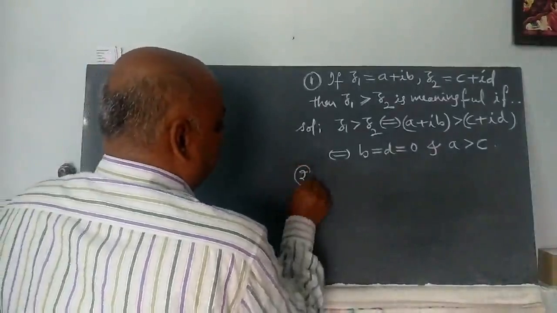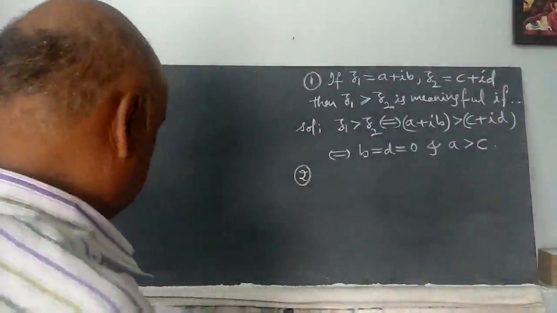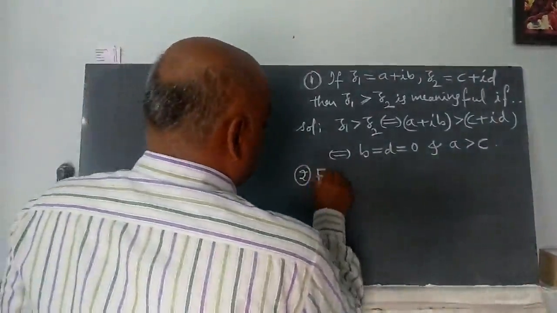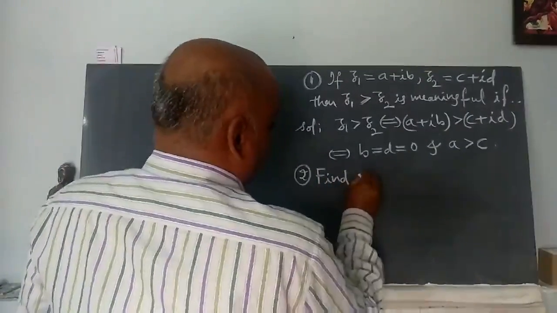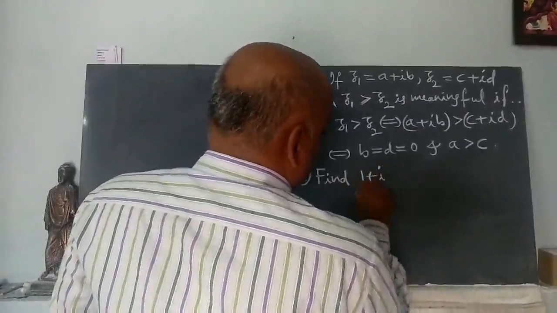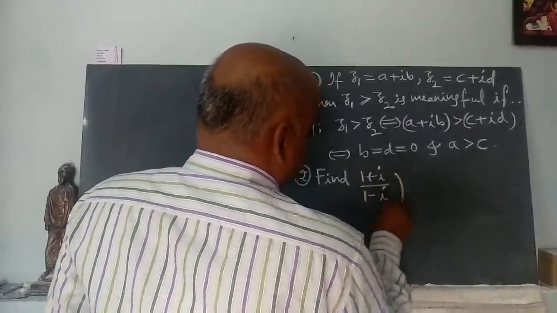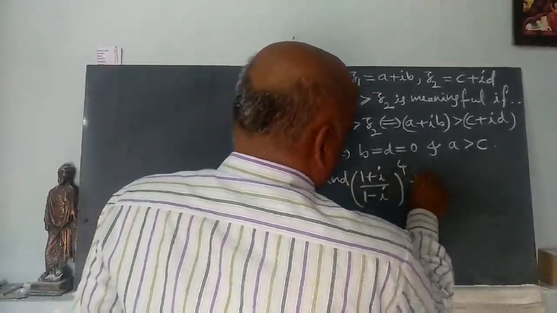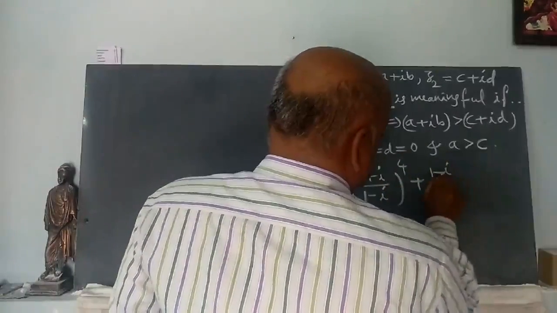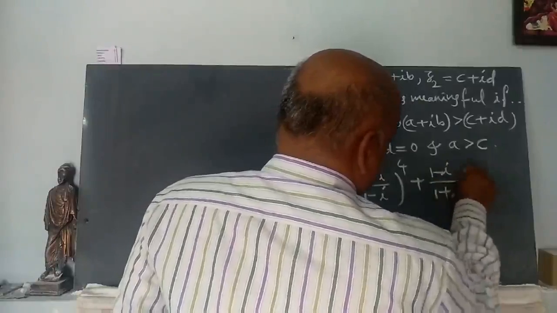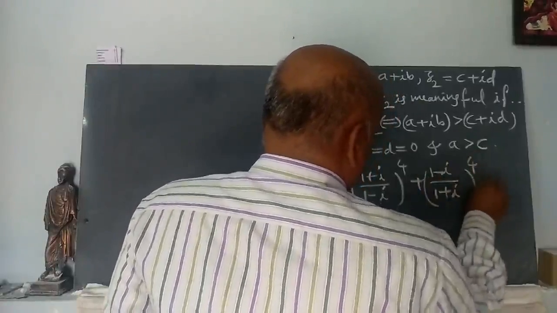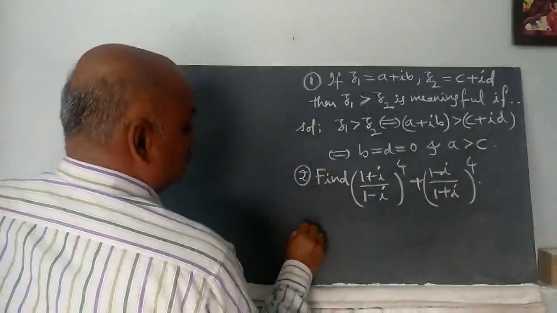Second problem. Find (1 plus i by 1 minus i) whole to the power of 4 plus (1 minus i by 1 plus i) whole to the power of 4. Solution.